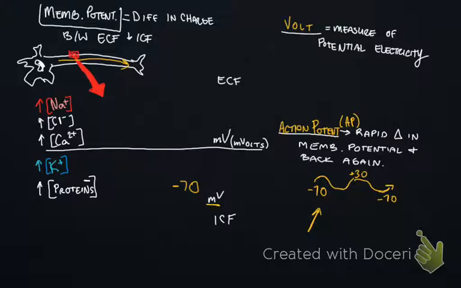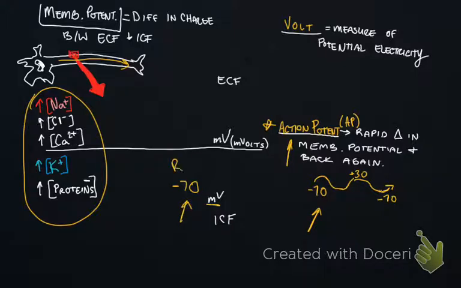And this is how they described an action potential. They did this by observing the change in giant squid axons. So that's pretty cool. Alright, so make sure you know what an action potential is and the concentrations that we find outside versus inside that contribute to the resting membrane potential.